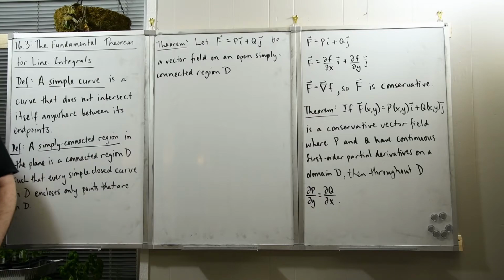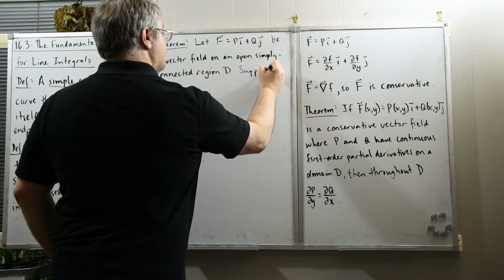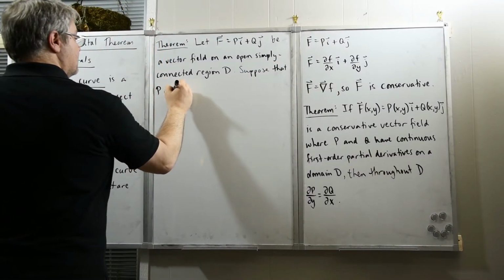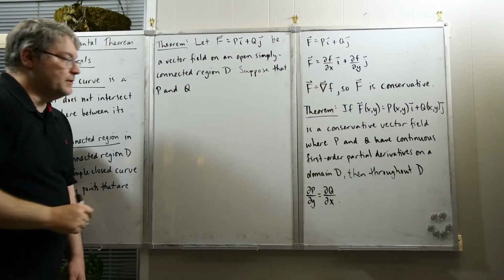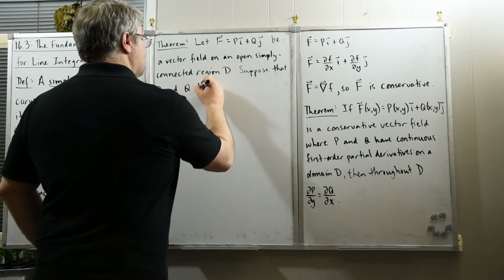And let's suppose that P and Q have continuous first order partial derivatives. So once again, P and Q have continuous first order partial derivatives.